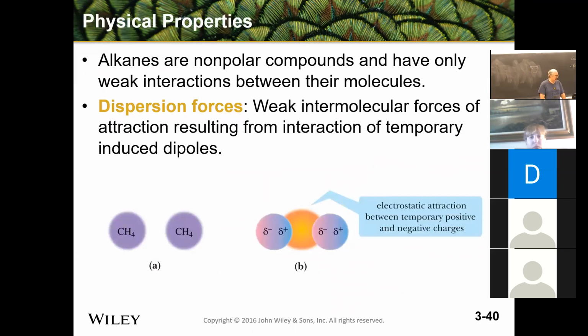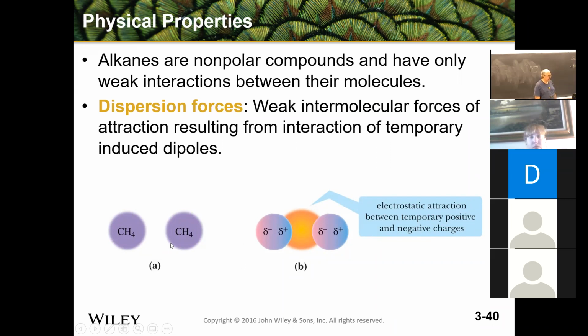Now we'll look at physical properties. Alkanes are nonpolar compounds and have only weak interactions between their molecules. The only significant intermolecular force is London dispersion forces, and these are forces of attraction resulting from the interaction of temporary induced dipoles.